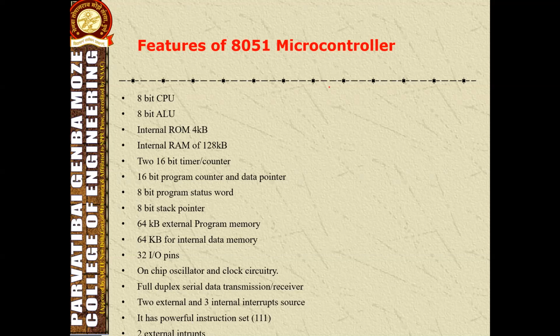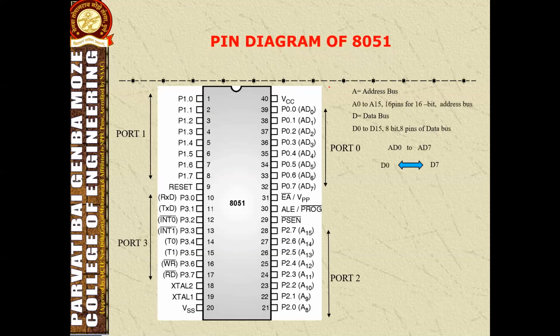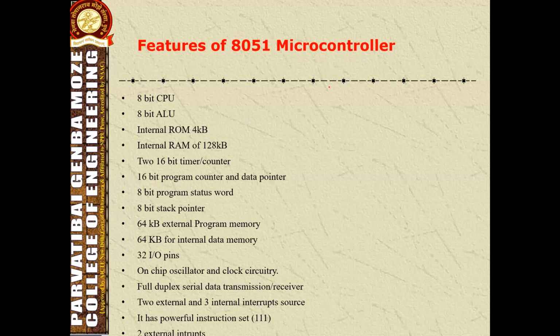Full duplex serial data communication is available, with 2 external and 3 internal interrupt sources also provided, and it has a powerful instruction set. There are 111 instructions in the 8051 microcontroller. So these are some basic features of the 8051 microcontroller.